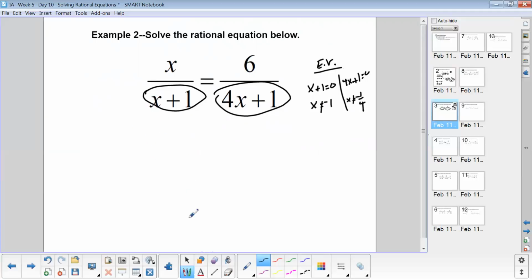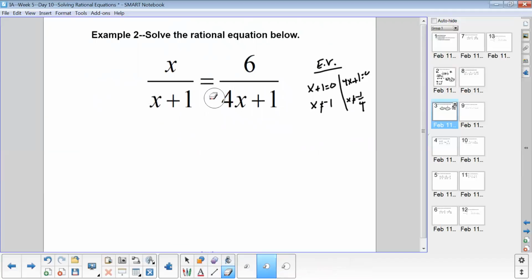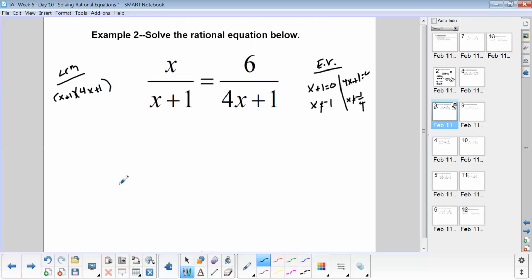Now, we look at the denominators, like I said, and we determine what would be the LCM. We always want to think, can I factor first? And I can't factor anything out. So what my LCM would be is x plus 1 times 4x plus 1.